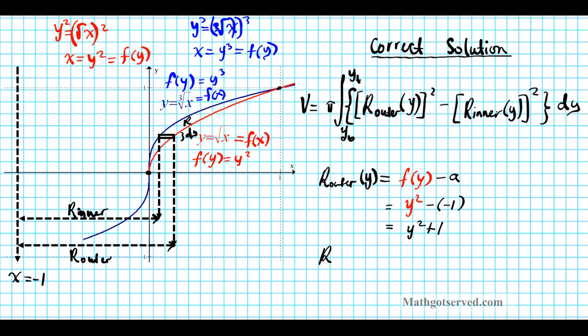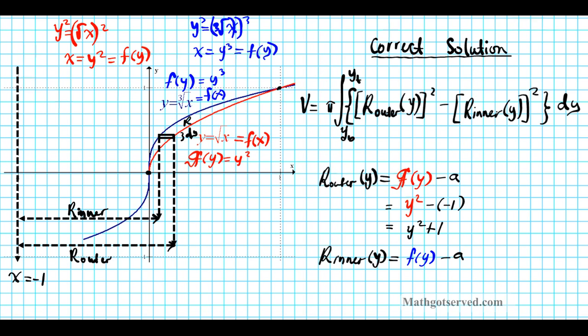And then your inner radius, our inner, as a function of y, is going to be, well, let's call this g of y, okay? Call this g of y right here. And then we'll call the other one f of y. Okay, so our inner is going to be g of y minus your axis of rotation.